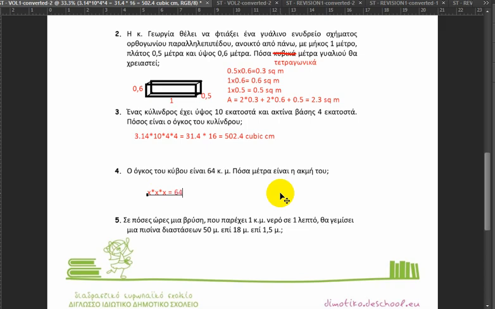You need to figure out what number I multiply by itself 3 times to get 64. The answer to that question is 4. So if I multiply 4 with 4 with 4, we get 64.